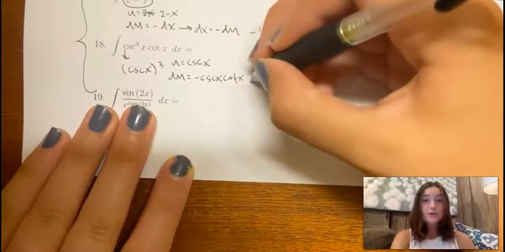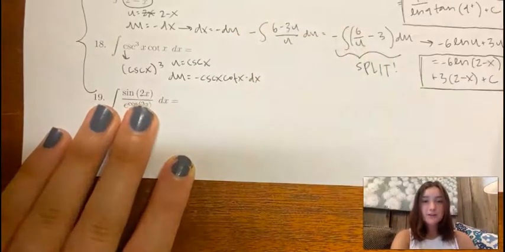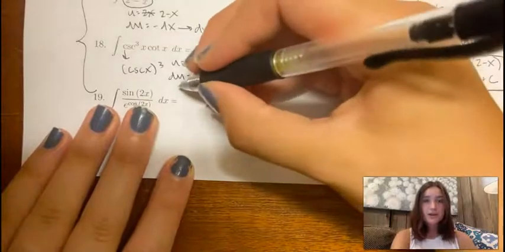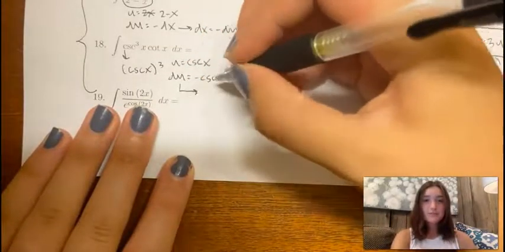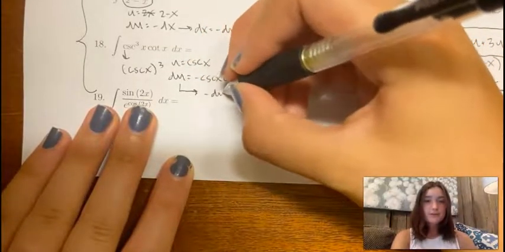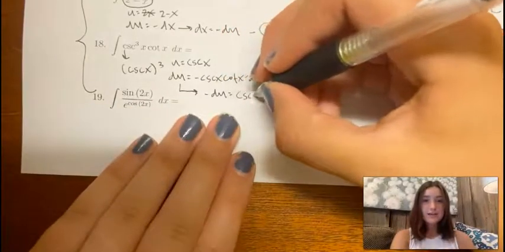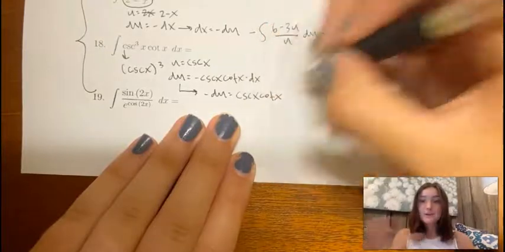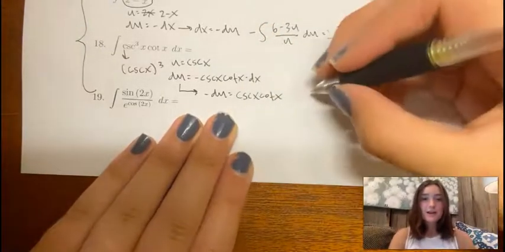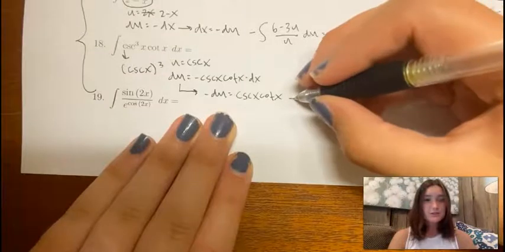Make sure that you hold on to that negative, since you've got that cosecant. You've got to have a negative when you take the derivative. So right here, I'm just isolating all my x's, keeping them on one side, and taking that negative to the du.